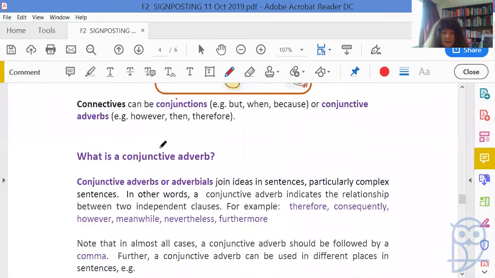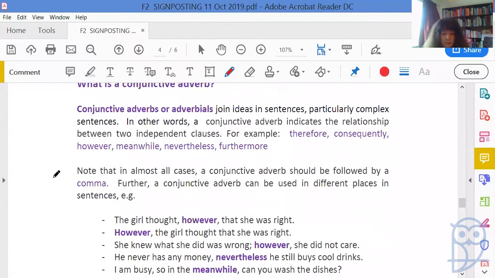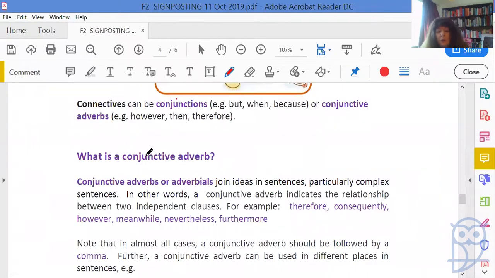Quick look at conjunctive adverbs, or adverbials as they're known. You might get asked about one or the other to identify them in a progression test. They join ideas in sentences, particularly complex sentences, i.e. those with a main clause and a subordinate clause.